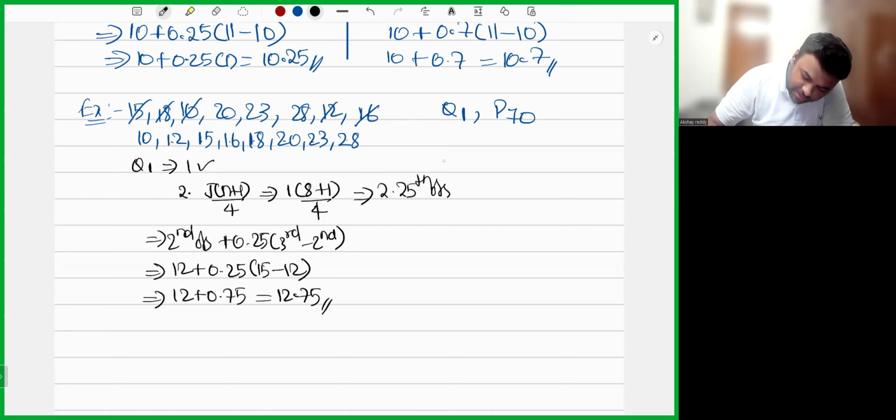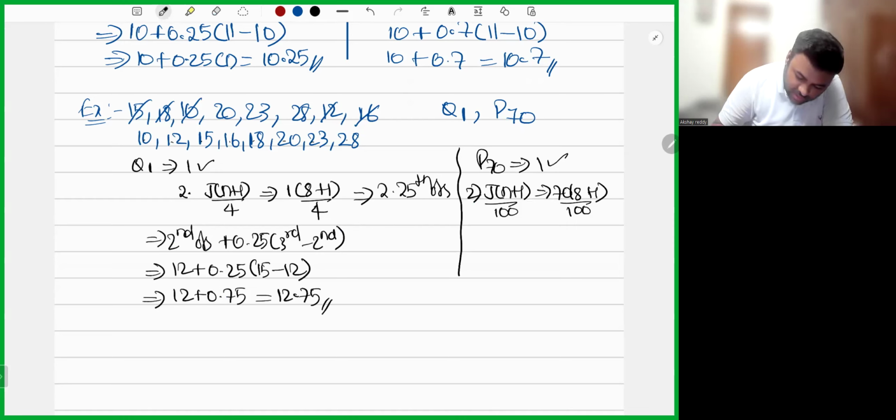Next, let's look into P70. First step we have done. Second step, J into n plus 1 by 100. So 70 into 8 plus 1 by 100, because 8 observations are there. 70 into 9 divided by 100 is 6.3.